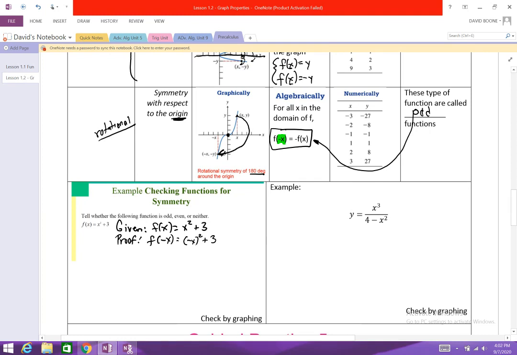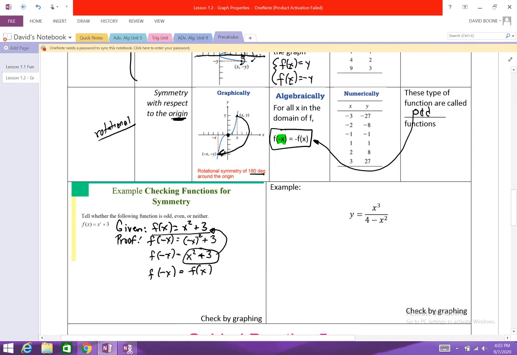If I clean this up a little bit, negative x squared would just be x squared plus 3. And I've got that all simplified already. If you notice, when I put the negative x in, I got the same as my original one. So in other words, f of negative x gave me this original equation.